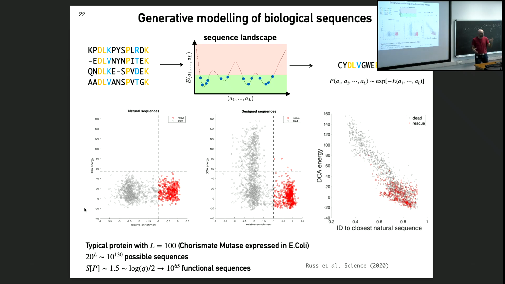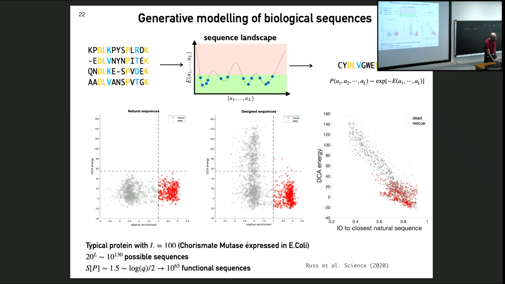The plasmid is put into the bacteria. So now the bacteria have this gene instead of the original one of E. coli. They have another one that you take from another species. And you let them grow in this medium where they don't have the amino acid that is produced by the chorismate mutase, so they have to produce it.